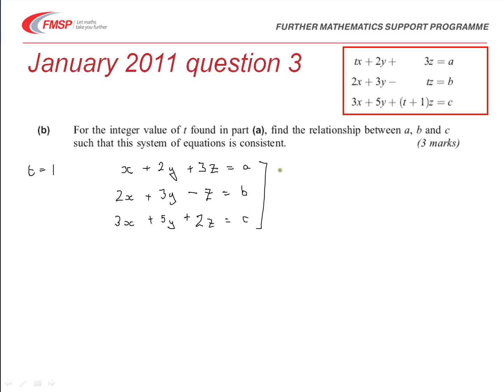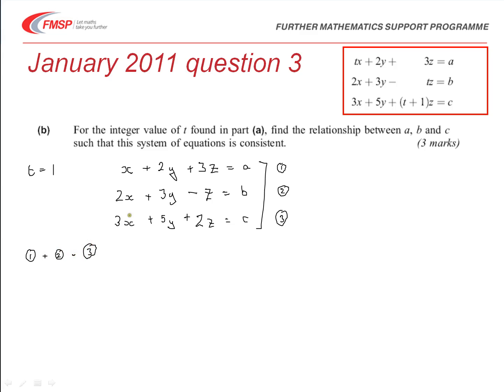So if we add 1 and 2 together and then take them away from number 3, we will then have the following. Let's just write down what we said we're going to do. So we're going to add 1 and 2 together and take away number 3. So it's 1 plus 2 minus number 3.